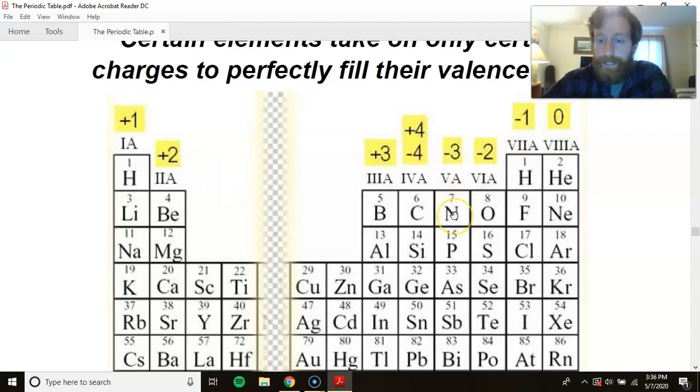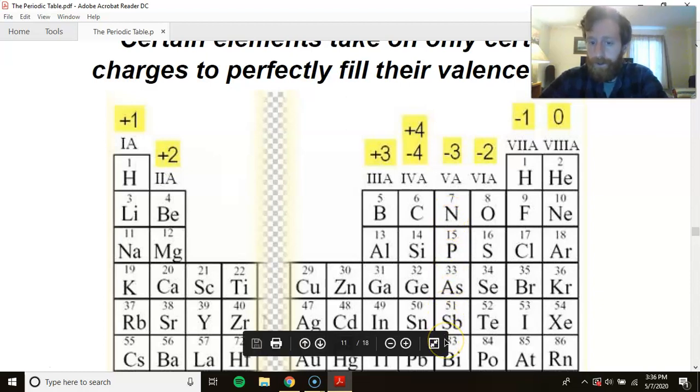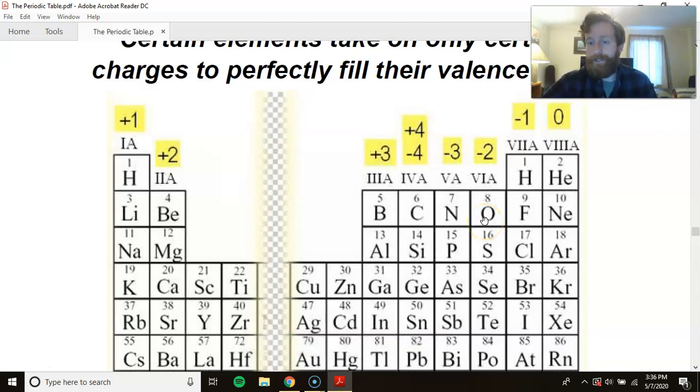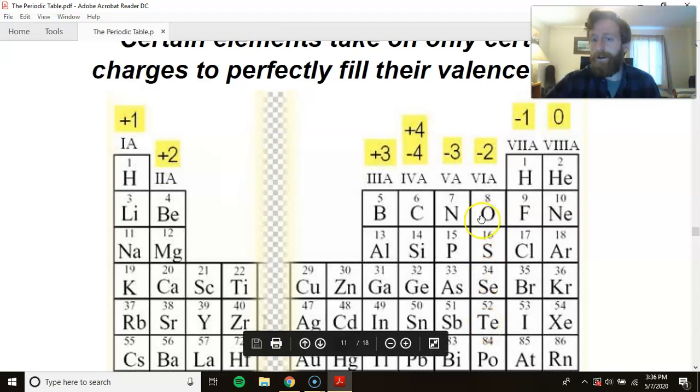And so nitrogen, gaining 3 negative electrons, is going to take on a charge of -3. And that's true for every element below nitrogen as well. Oxygen's got 6, so it could either gain 2 or it could lose all 6. It's easier to gain those 2 than it is to lose the 6, so oxygen and the column below it are going to take on an ion charge of -2.